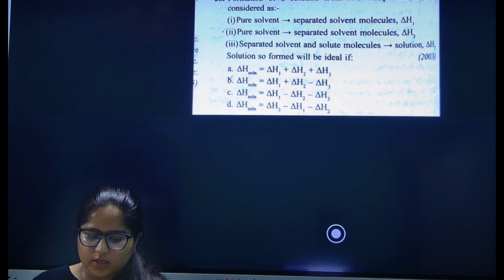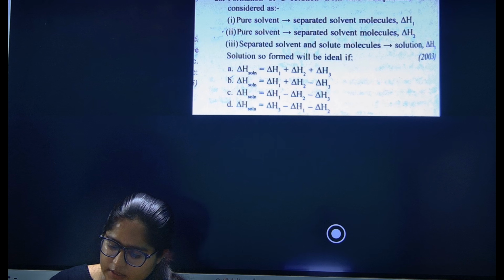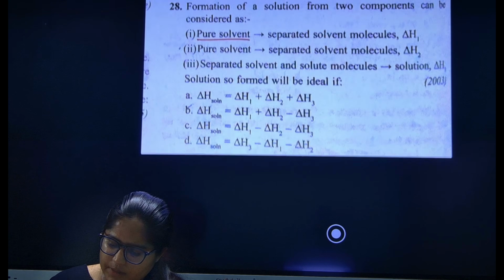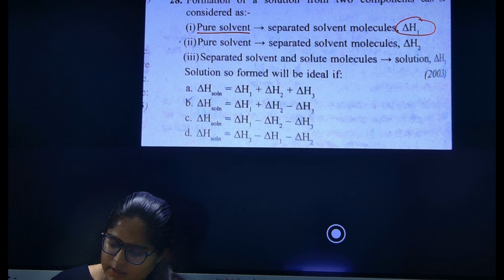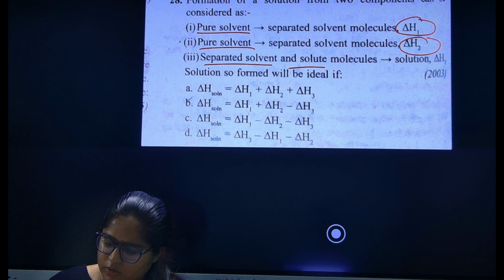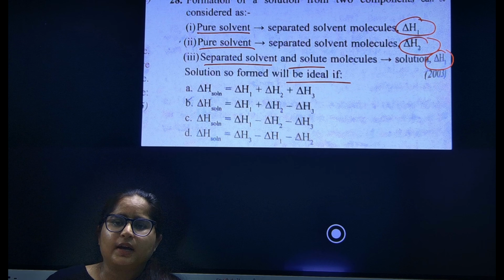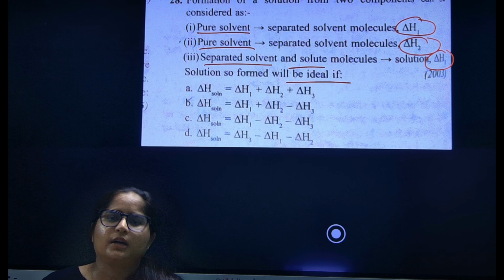Formation of a solution from two components can be considered as, okay, pure solvent, separated solvent molecules delta H1, pure solute, separated solute molecules delta H2, fine. Separated solvent-solute molecules, it is given delta H3. Whenever we are saying ideal, in case of ideal, one side will be equal to the other side.